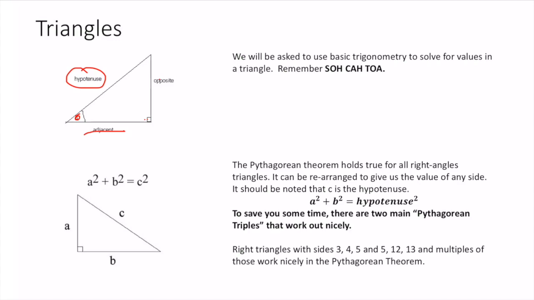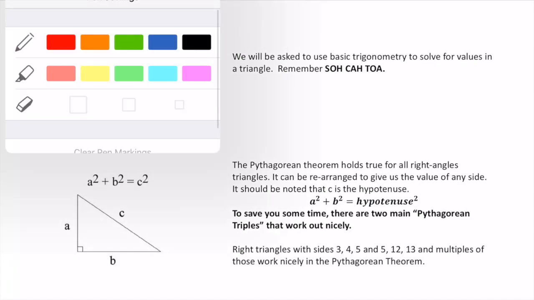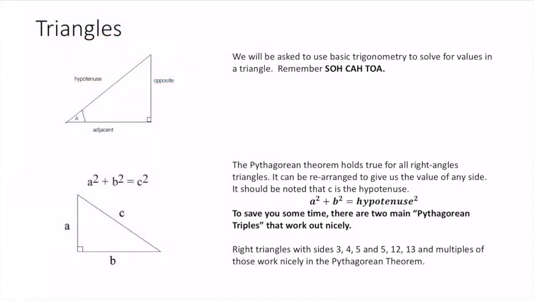So if we wanted to solve for any of these values, we could use SOHCAHTOA. SOHCAHTOA means the sine, in this case of angle A, equals opposite over hypotenuse.